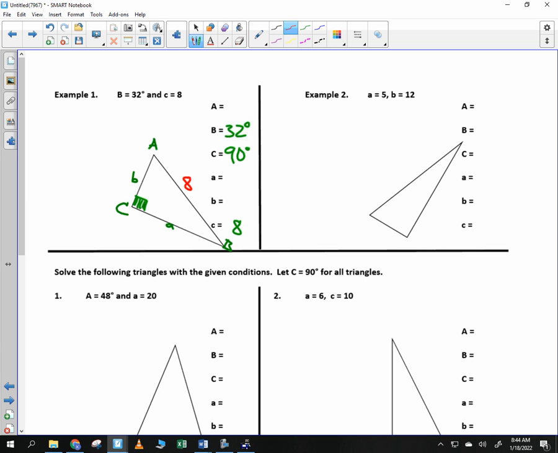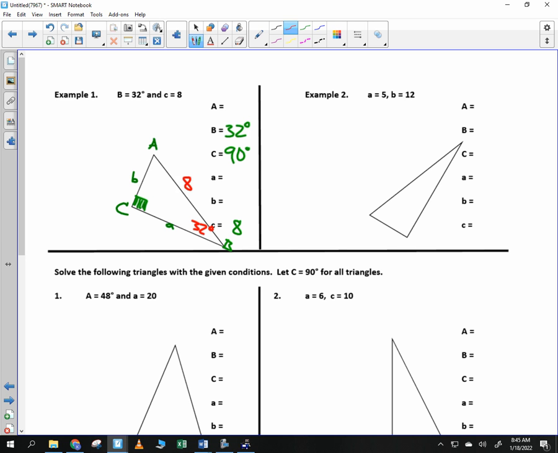You also know that angle B is 32 degrees. So this is just slightly different than what we started out with. In this situation, you can actually have a choice whether you're going to use sine, cosine, or tangent, but it starts with you making a decision first.